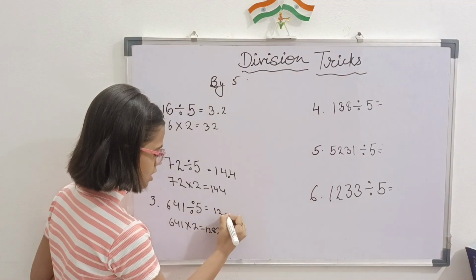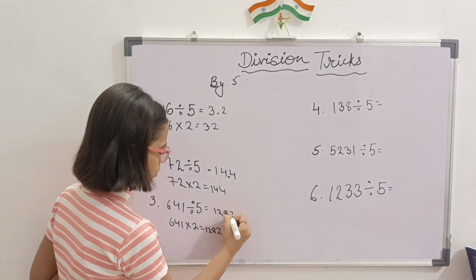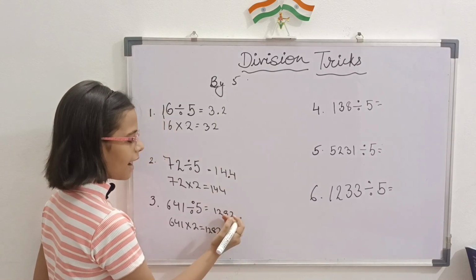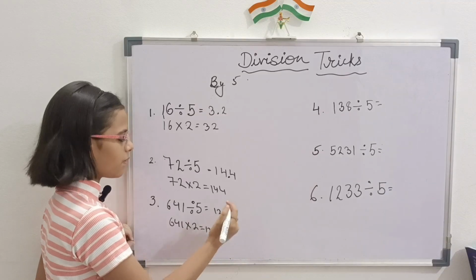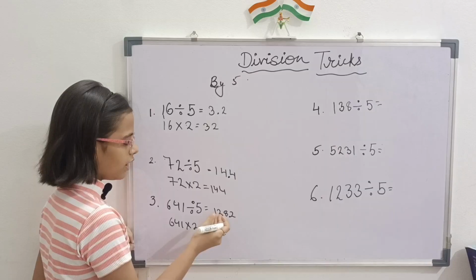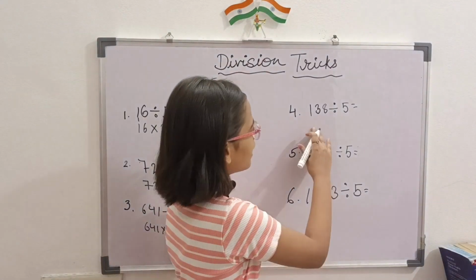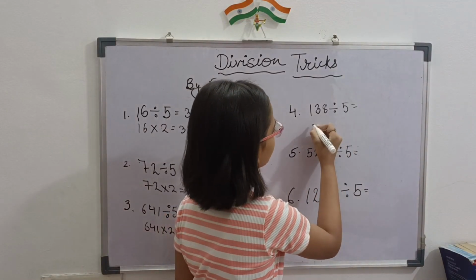So our answer is 1282. Then we have to add a decimal after leaving a digit from the back. So our answer is 128.2.